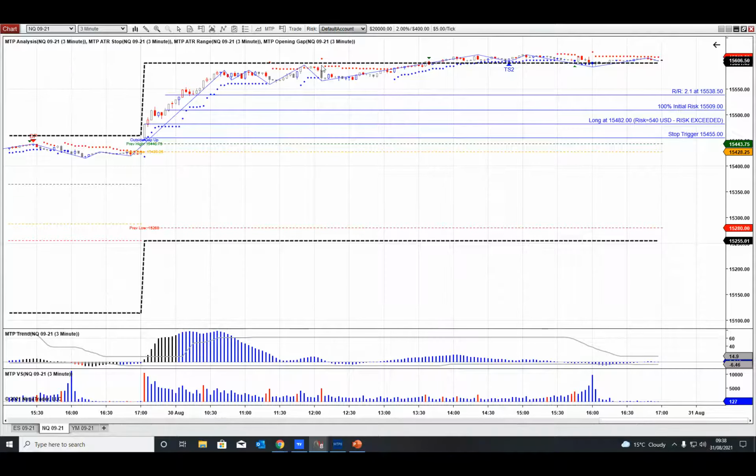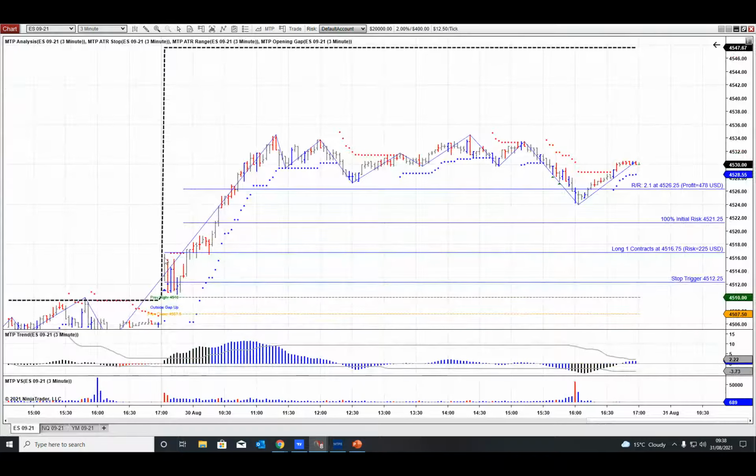And we're looking for the market to go through that straight away. Again, if this happens and it doesn't break the projected buy level, the buy trigger here, but goes through what would be the stop trigger first, as it did here, then that's not the kind of market we're looking to trade because it doesn't show strength off the bat.